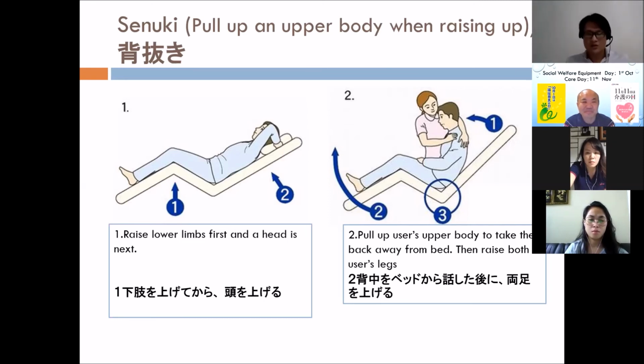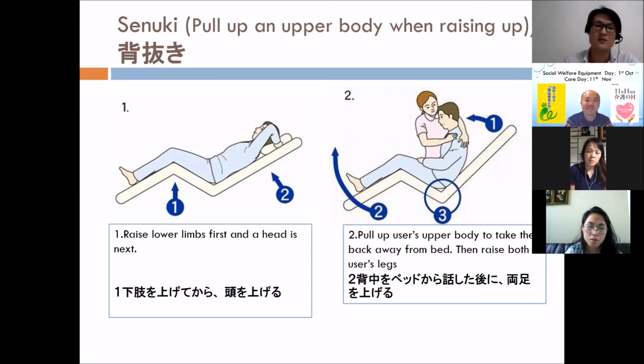As you know, if you sleep in the same position, there is pressure between the body and the bed. So we have to release the pressure by doing senuki. First, raise the lower limbs, because most beds in Japan are gatch beds that you can control.